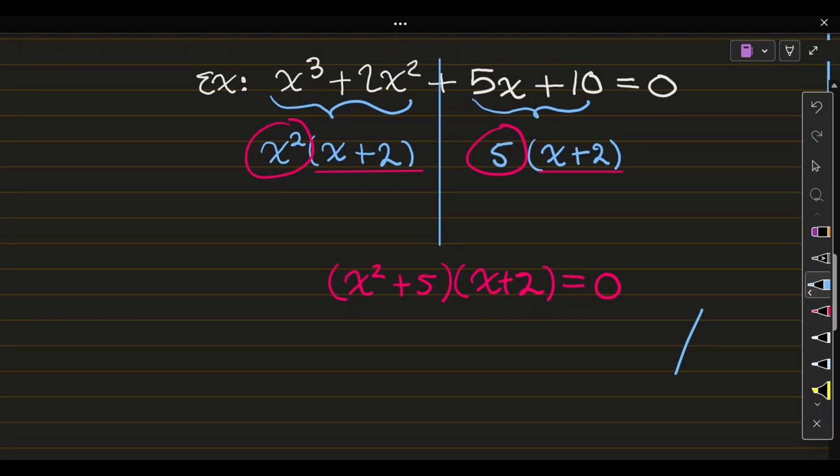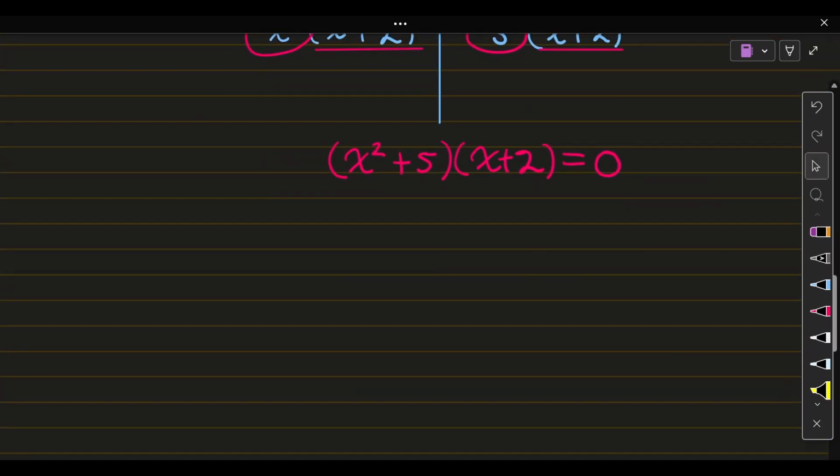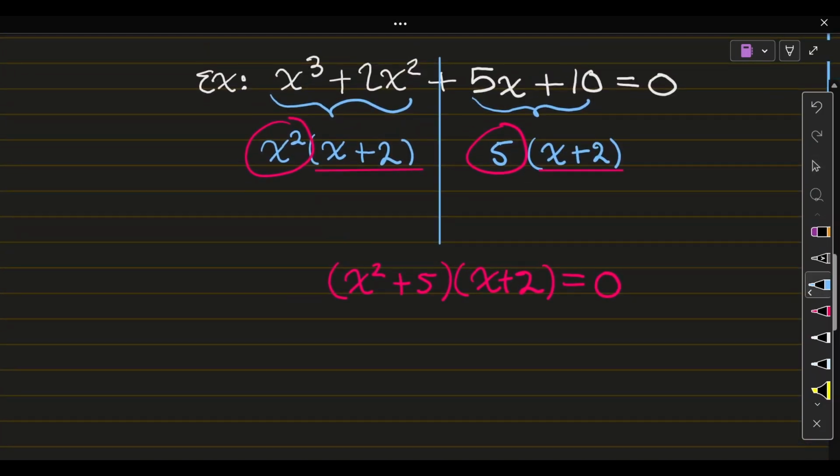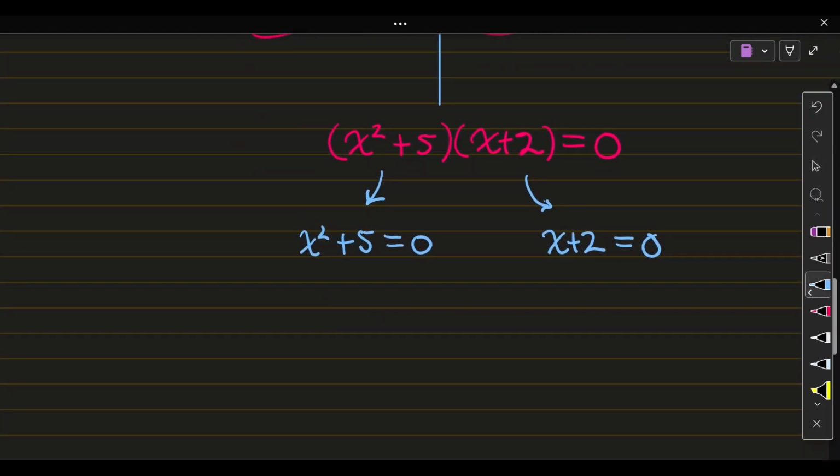Now, by the zero product property, I can set these both equal to 0. So this is x squared plus 5 equals 0, and this is x plus 2 equals 0. So I have that subtracting 5 from both sides over here, x squared equals negative 5. I can take the square root of both sides and get that x is equal to plus or minus the square root of negative 5.